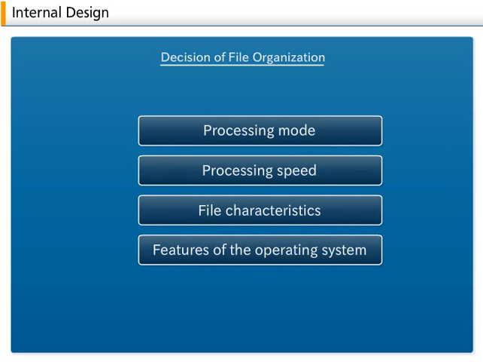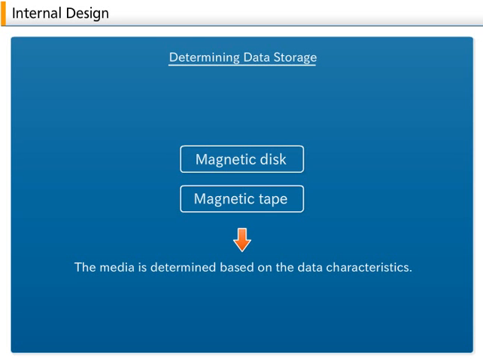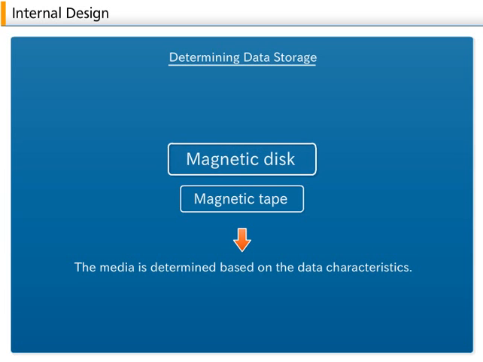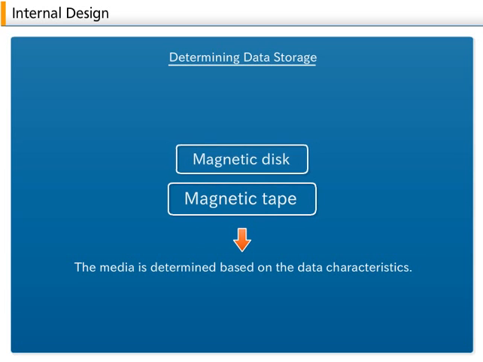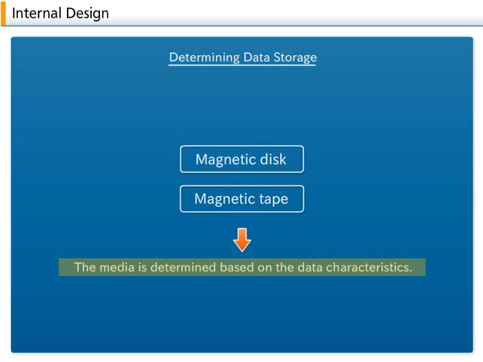Refer to Chapter 7 for information on file organization. C. Determining data storage. Media depending on the characteristics of the data, magnetic disk, magnetic tape or other media for file storage is decided upon.